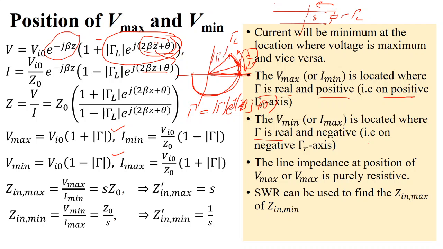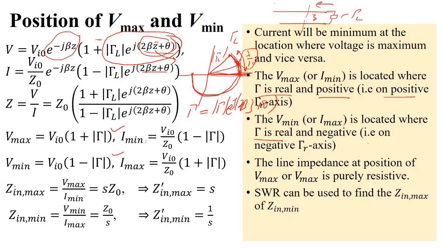Whatever magnitude you have, rotate along it. If you move along the constant magnitude line and reach here, you will get the location of Vmax. This is also a constant SWR circle, so the constant SWR circle will give you the location of Vmax or Vmin where it cuts the positive real axis and the negative real axis.